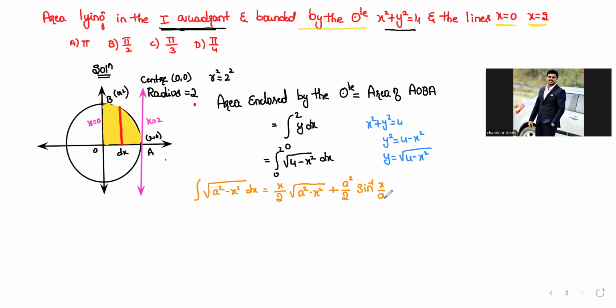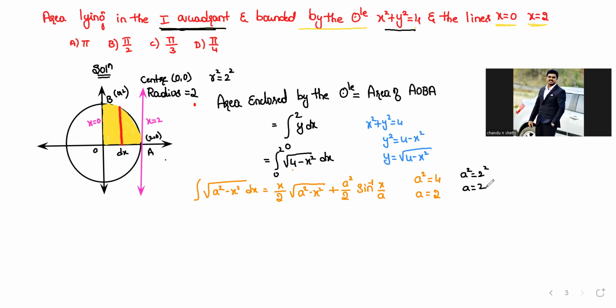So before that you should observe here a square means 4. Okay, so a square means 4, and a equal to 2 will come. Why? Because a square equal to 2 square, so a equal to 2.